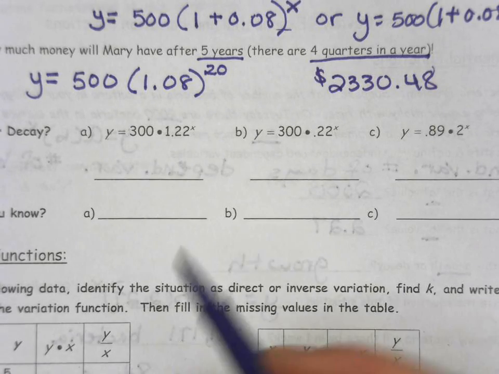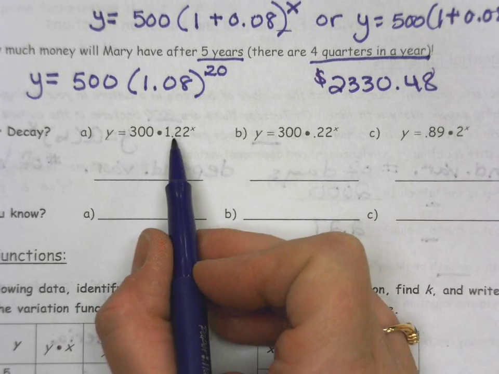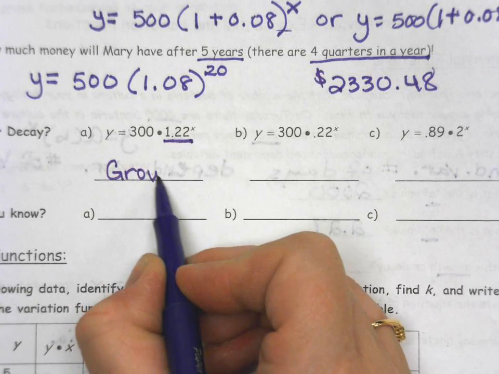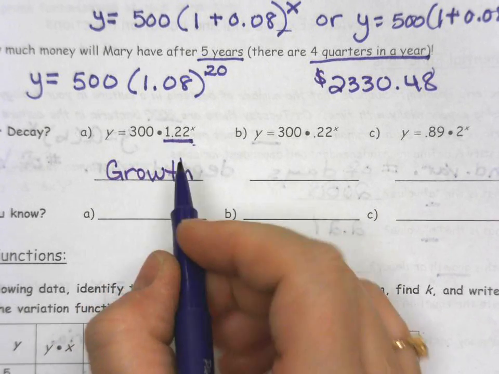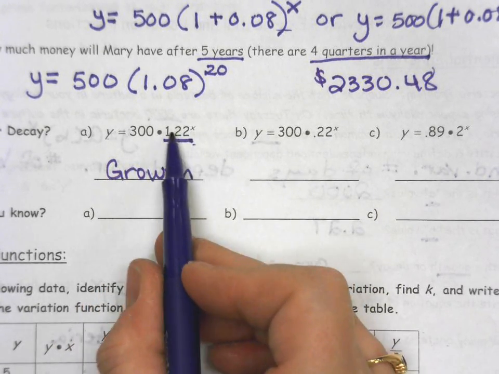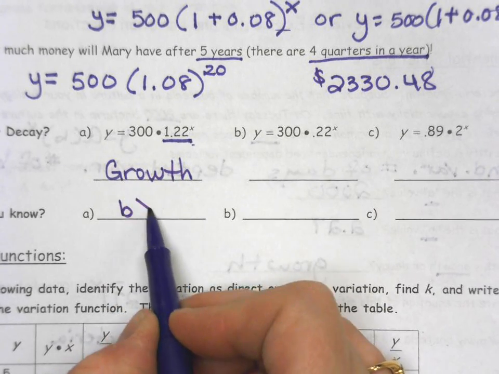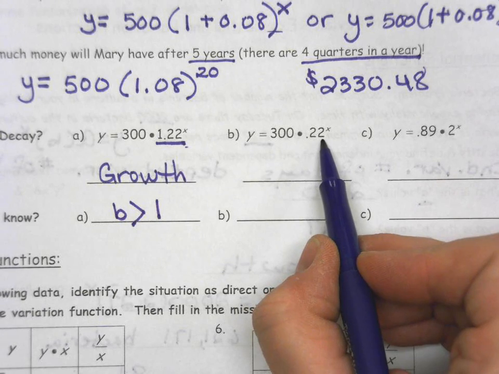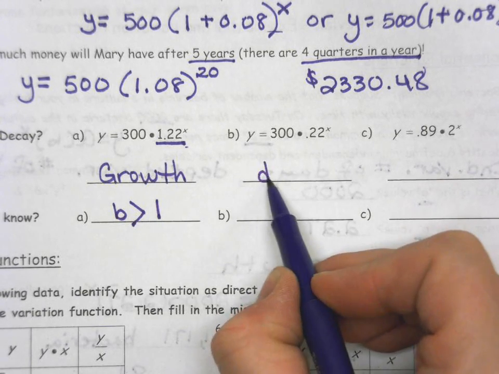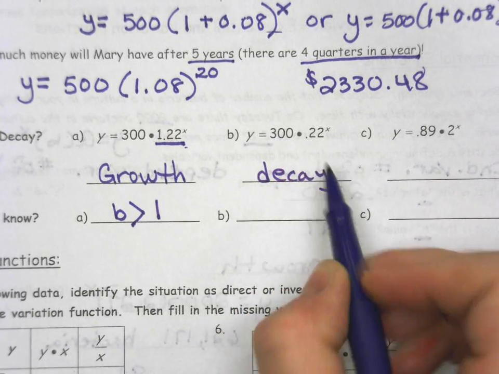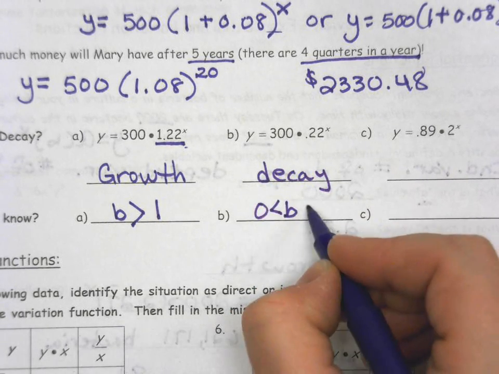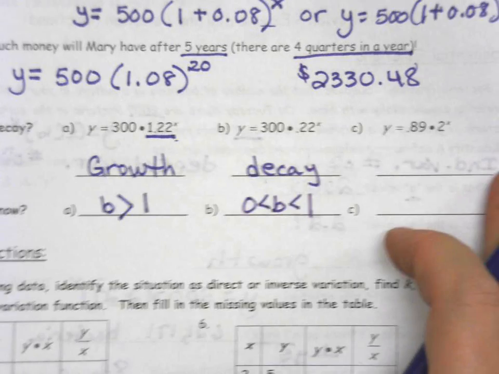Okay, the next part is asking if it is growth or decay, and this one here is growth, and the reason for that, we know that, is because b, which is this amount right here, is greater than 1. This one says 0.22, so this is decay, because b is greater than 0 but less than 1.